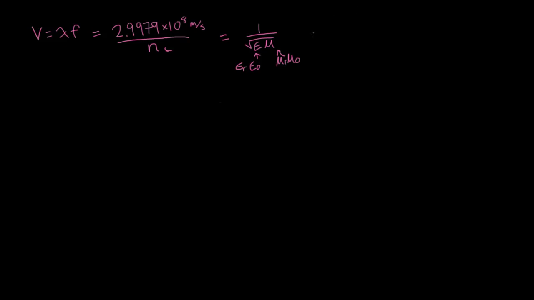So we can also rewrite this a different way to say that you have this quantity, the square root of epsilon r mu r, and 1 over the square root of epsilon naught mu naught. As we talked about before, this is the speed of light in a vacuum, and this quantity here is the refractive index.